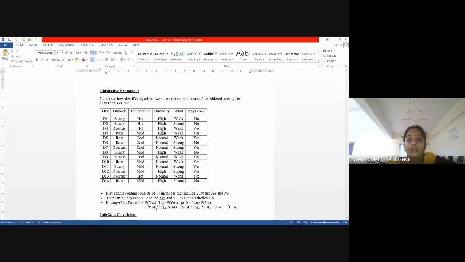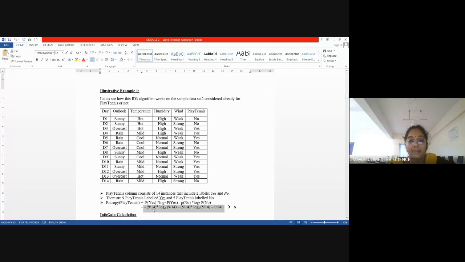How many were positively classified? 9 were positively classified out of 14. So I have written it like this: minus 9 by 14 into log of 9 by 14, minus negative classification 5 by 14 into log of 5 by 14.